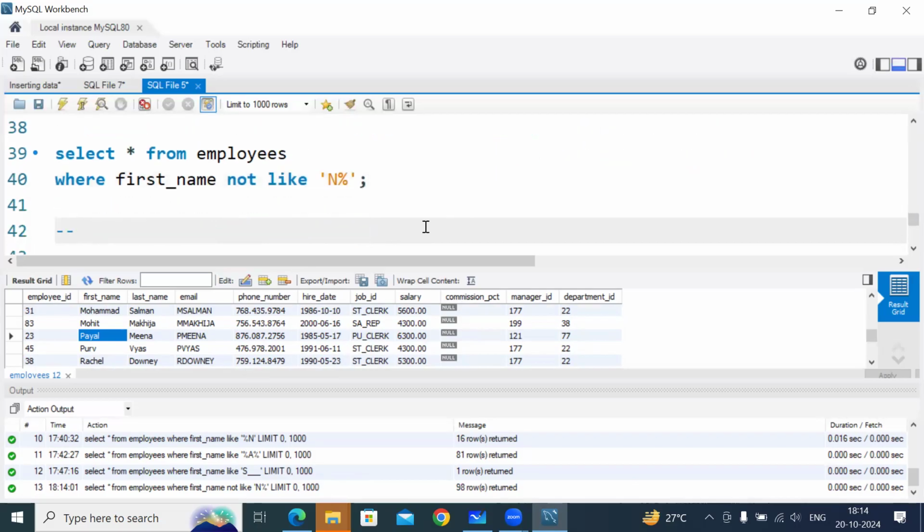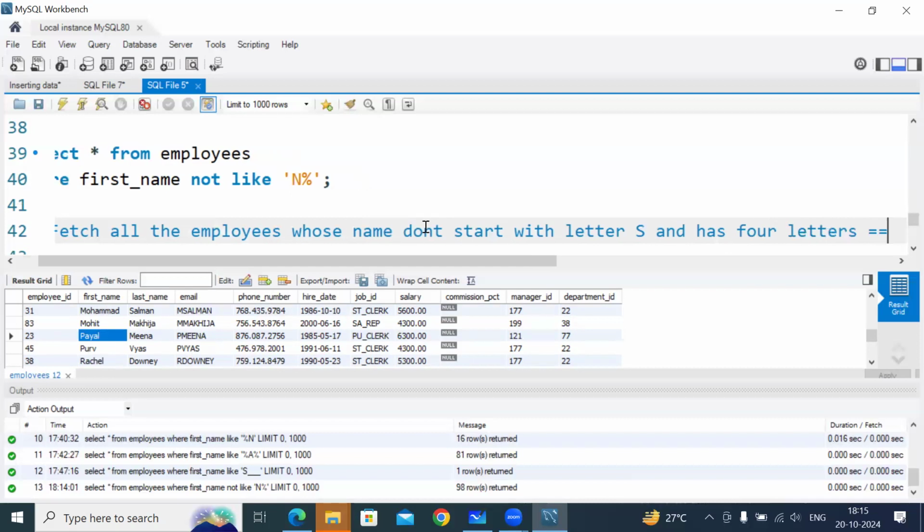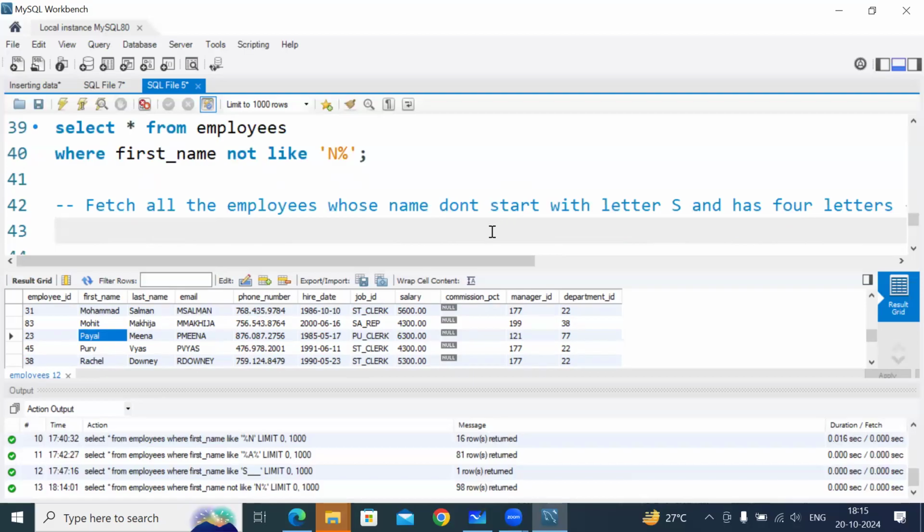Let's do another thing: fetch all the employees whose name doesn't start with letter S and has four letters. So basically it is saying the output doesn't want the employees whose name starts with S and has four letters, except that we need all the employee data.